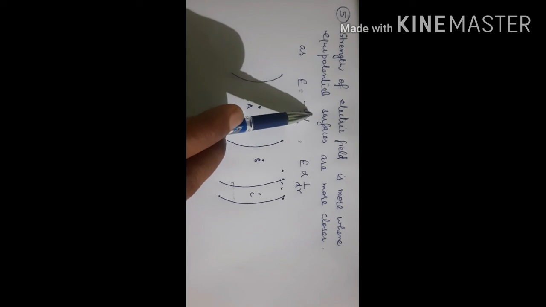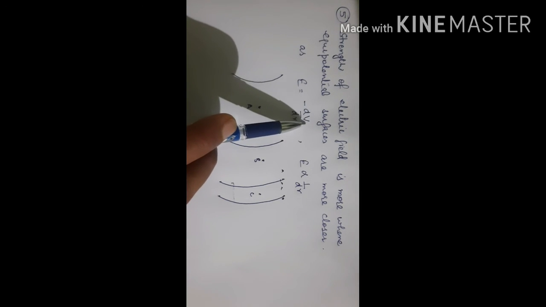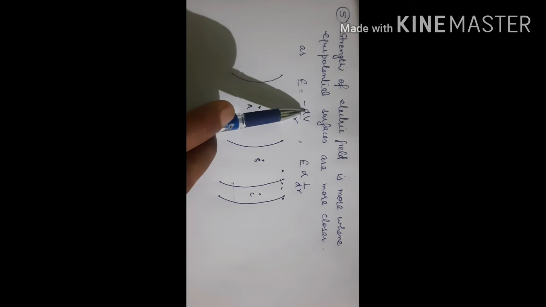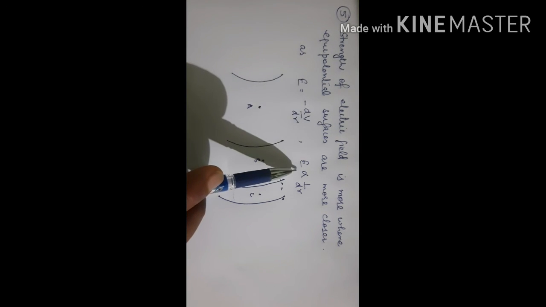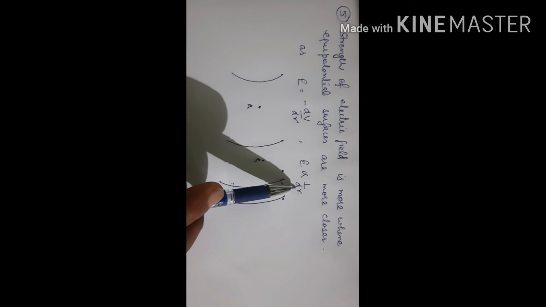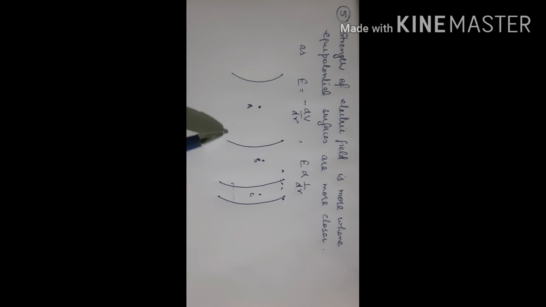If the change in potential is constant or equal, then the electric field is inversely proportional to the distance. These are all equipotential surfaces, and this is your 10 volt, this is your 20, this is your 30, and this is your 40 volt.